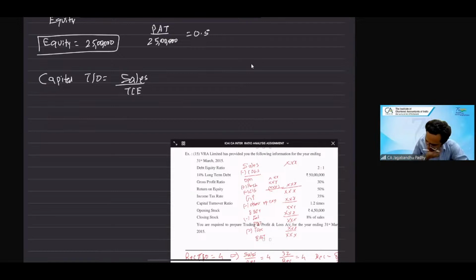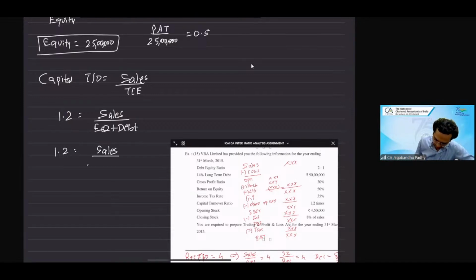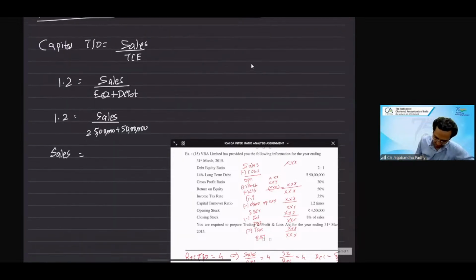Capital turnover ratio is already given in the question to be 1.2. So 1.2 is equal to sales upon total capital employed, which will be equity plus debt. Equity is 25 lakh and there is a debt of 50 lakhs. So sales is 1.2 into 75 lakh, 90 lakh.